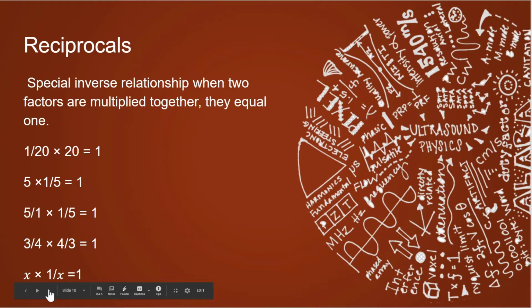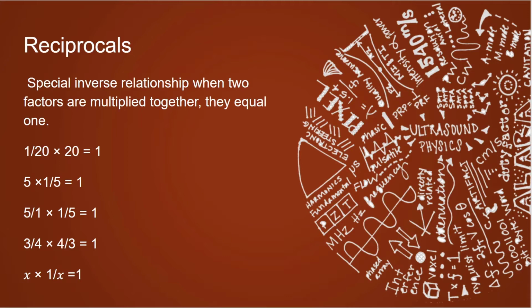Now, reciprocals are a special inverse relationship, and it means that when two things are multiplied together, they are going to equal 1. So we have lots of examples on this page. 1/20 times 20 equals 1. 5 times 1/5 equals 1. We can go down the list and you can see 3/4 times 4/3 is going to equal 1.